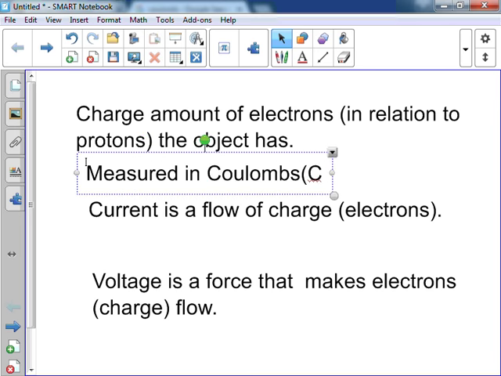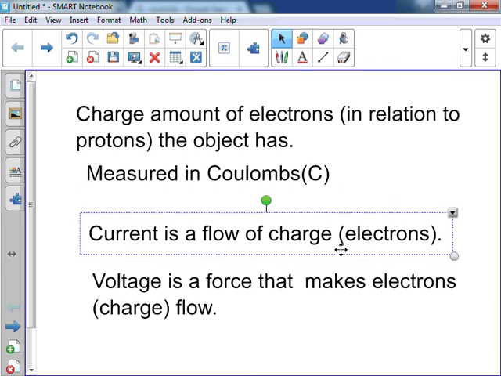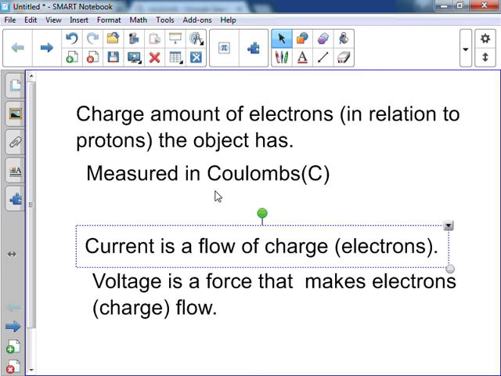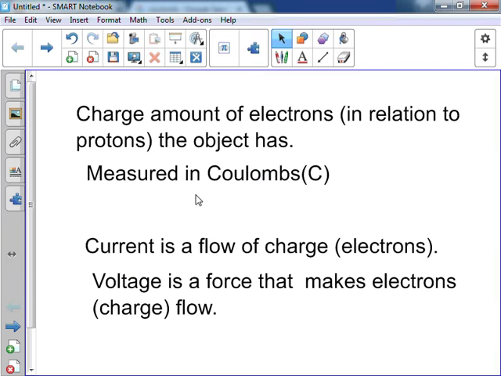And this is the symbol. It's capital C because it's the guy's name. And this is how you actually say coulombs, because you know you spell it completely differently. This is how you pronounce it, coulombs.